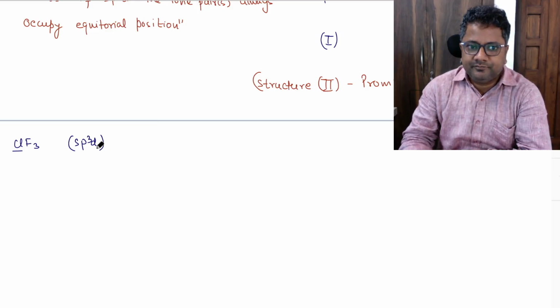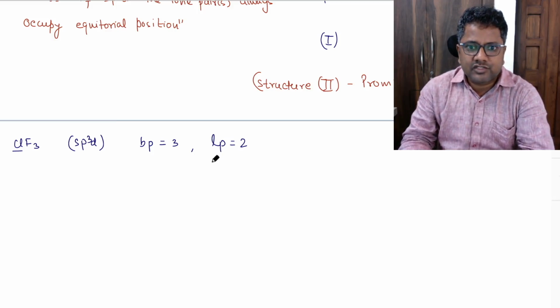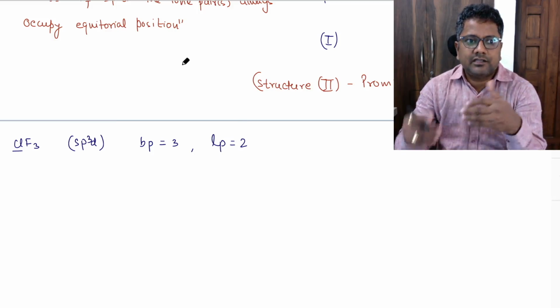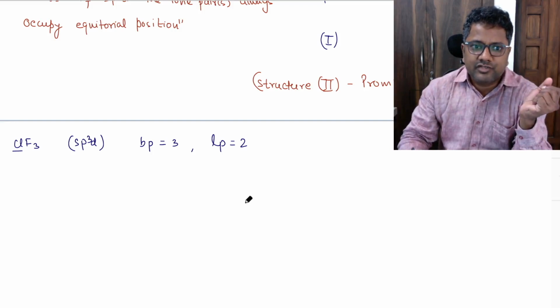How many bond pairs? Bond pairs are 3 and lone pairs are 2, right? So it is clear that in case of sp3d, the lone pair will occupy the equatorial position.